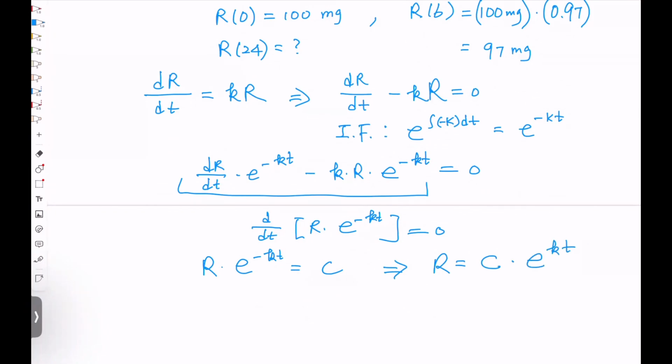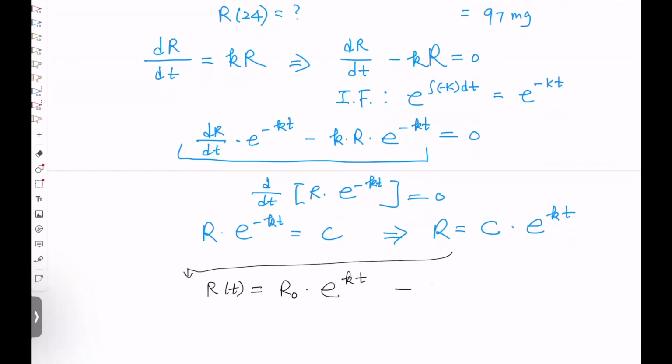From here, I'm going to say R of t equals R sub 0, which is C, the initial condition, times e to the kt. We have R0 equals 100 milligrams. So when you plug in 0 for t, R0, which is 100 milligrams, equals R0 e to the k times 0.